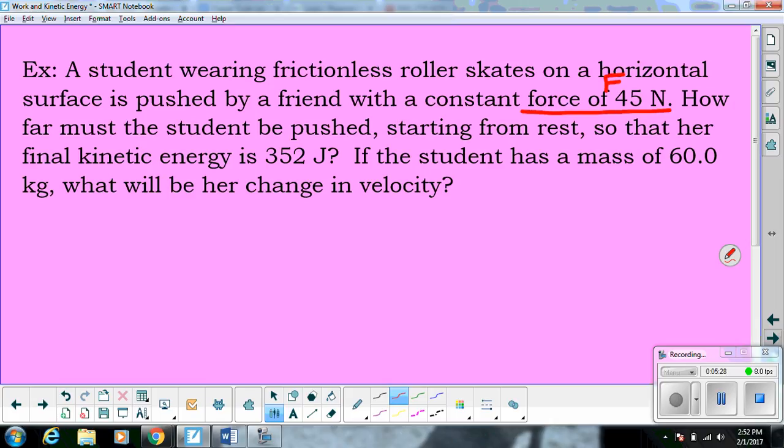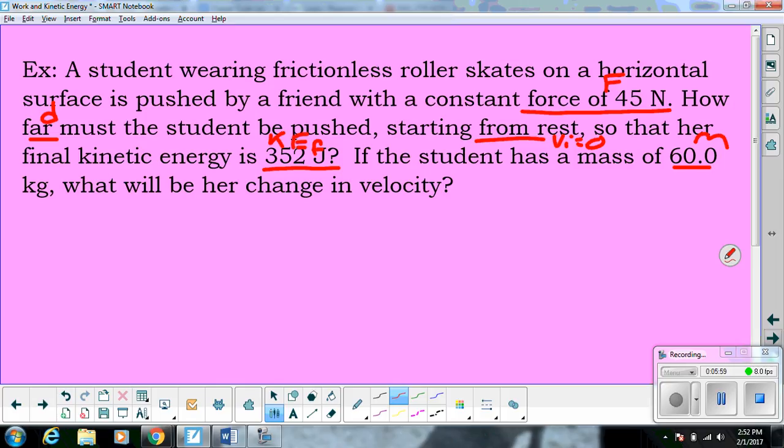How far, find distance, must the student be pushed starting from rest, Vi equals 0, so that her final kinetic energy is 352 joules? KE final. The second part of the question is, if the student has a mass of 60.0 kilograms, what will be her change in velocity? So there are two parts to this question.